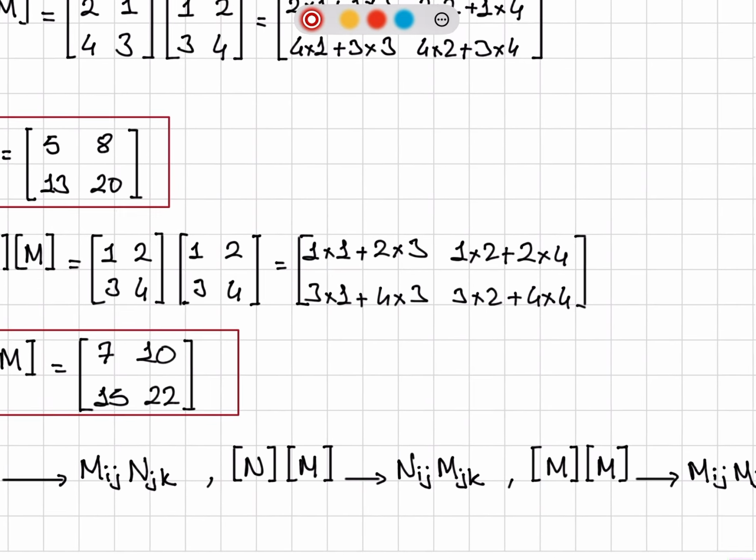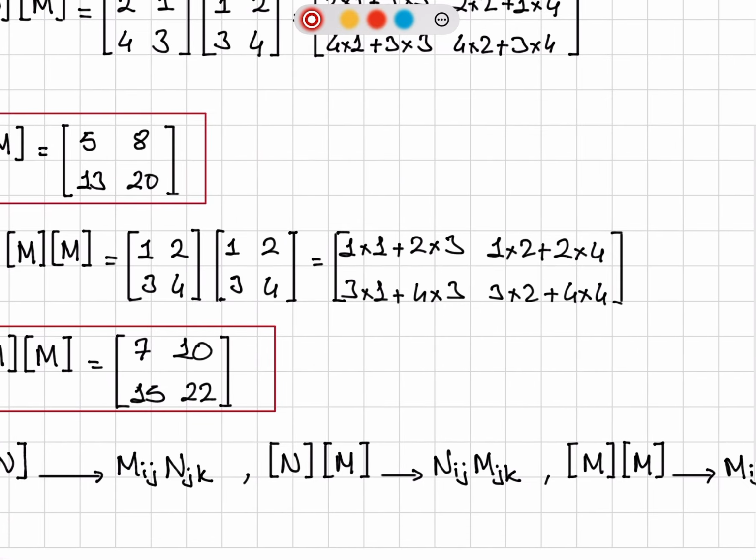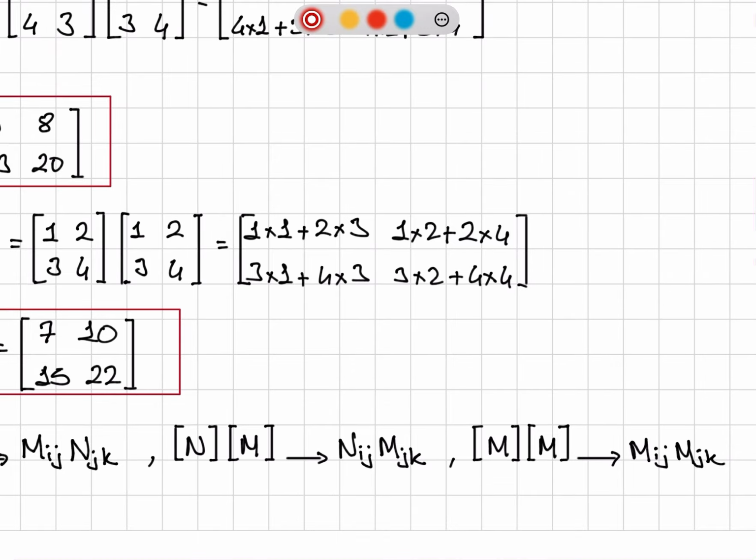So for example, if I'm looking at the second row first column element, that is i is equal to 2, k is equal to 1.